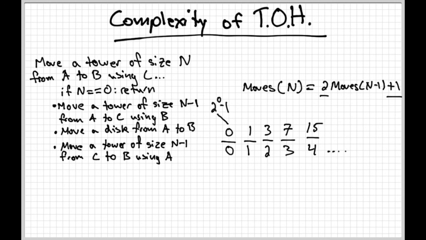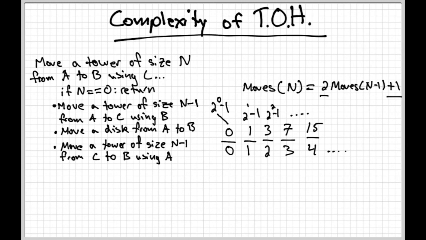Trying to figure out exactly what that relationship is, if we look at tower size 0, that's 2 to the 0, which would be 1, minus 1 moves are required. And if we look at a tower size 1, that's 2 to the first power, which would be 2 minus 1, which gives us 1. And we see the pattern continues. For 2 disks, we need 2 squared, or 4, minus 1, which gives us 3 moves.